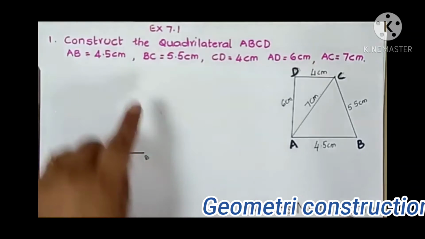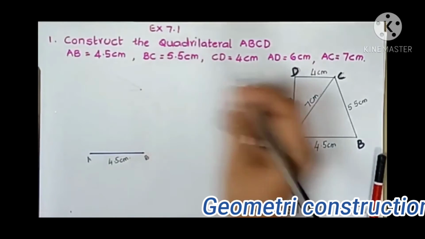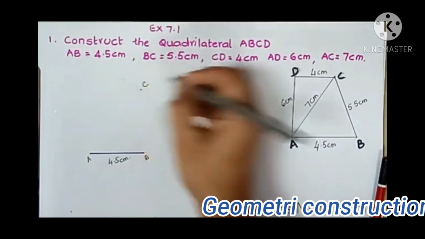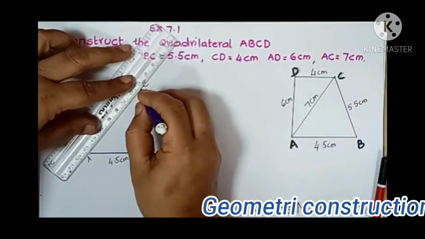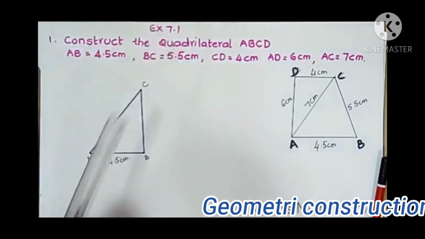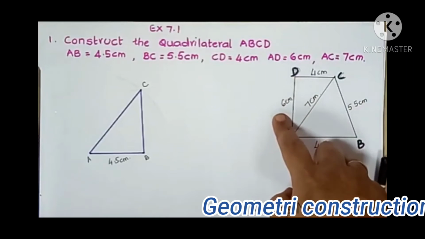We get a point of intersection there, is it? That point of intersection is C, and join BC and AC. Now we shall construct another part of the quadrilateral, that is AD and DC.